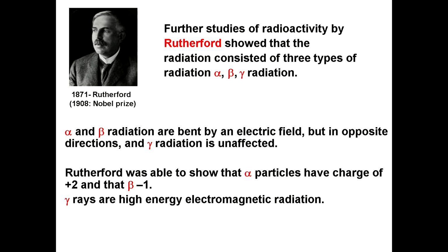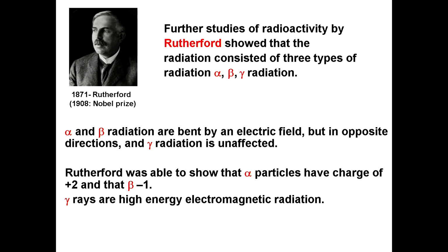They are different radiations. For example, Rutherford found there are three types of radiation: alpha, beta, and gamma radiation. Alpha and beta radiation are bent by an electric field, but in opposite directions, and gamma radiation is unaffected.